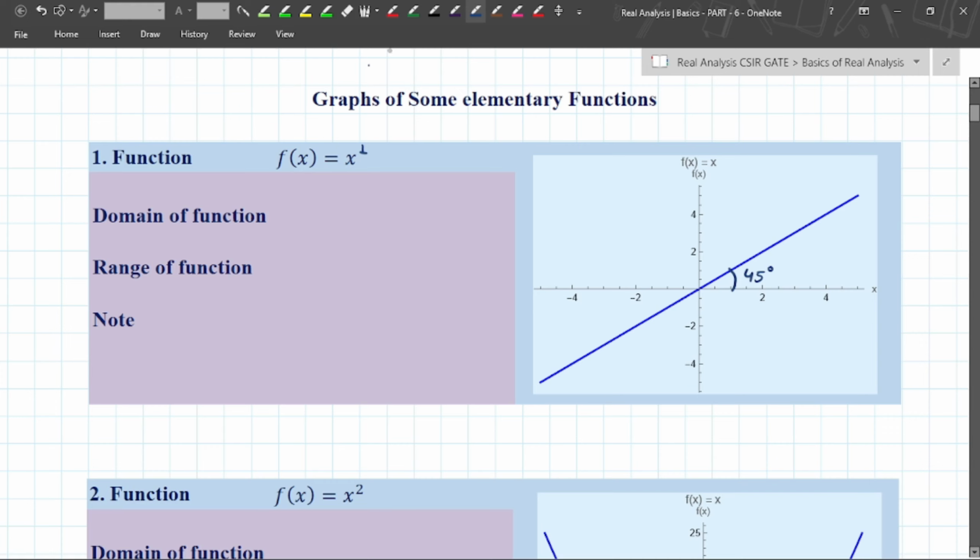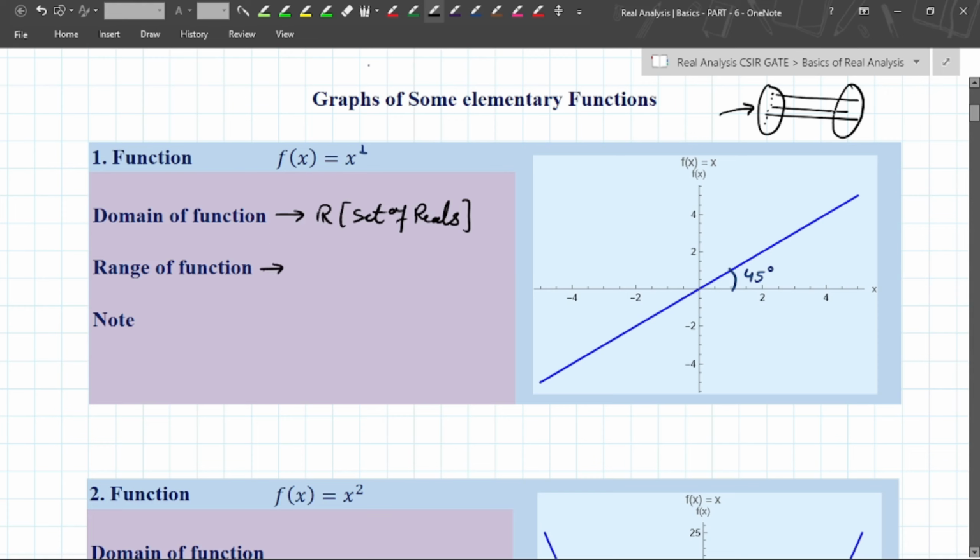Now what is the domain for this function? Domain means, for any function, from where we are taking the inputs. It is taking all real numbers, any kind of real number, so the domain is the set of real numbers.